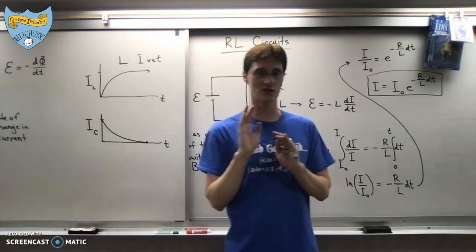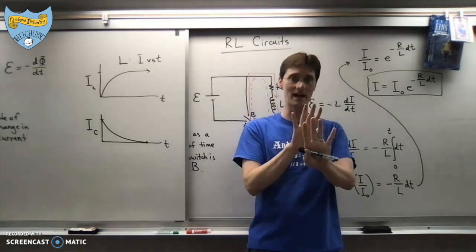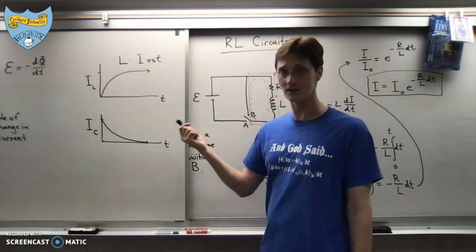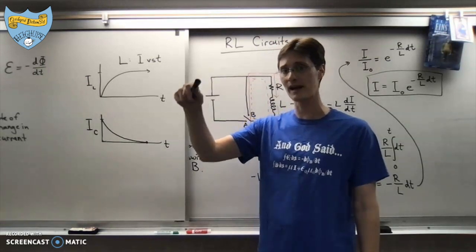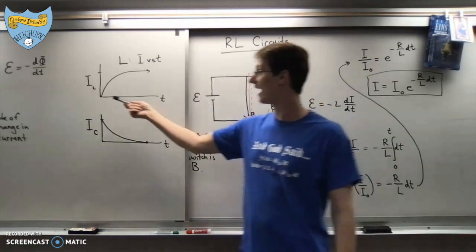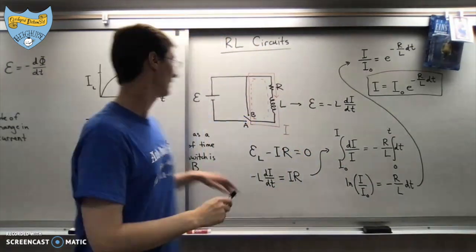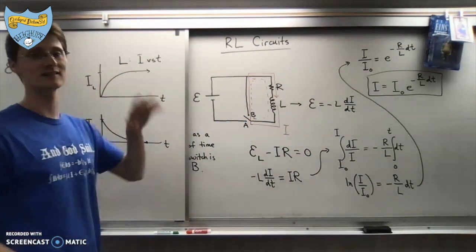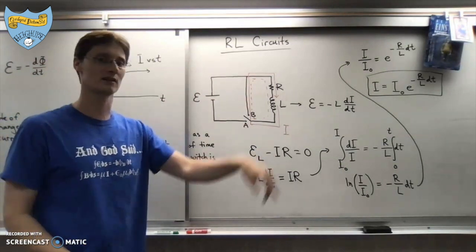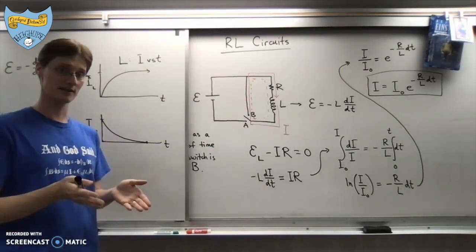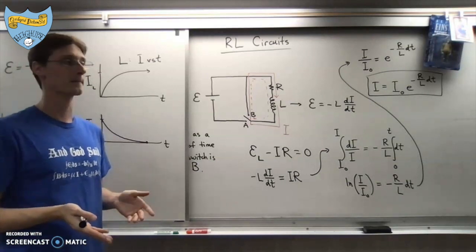So the capacitor makes more volts to oppose the battery as it charges up. The inductor works the opposite way around. The inductor at first is like, whoa, what's all this current stuff? And then a long time later is like, whatever, let the current through. So they do opposite things as regards the current.